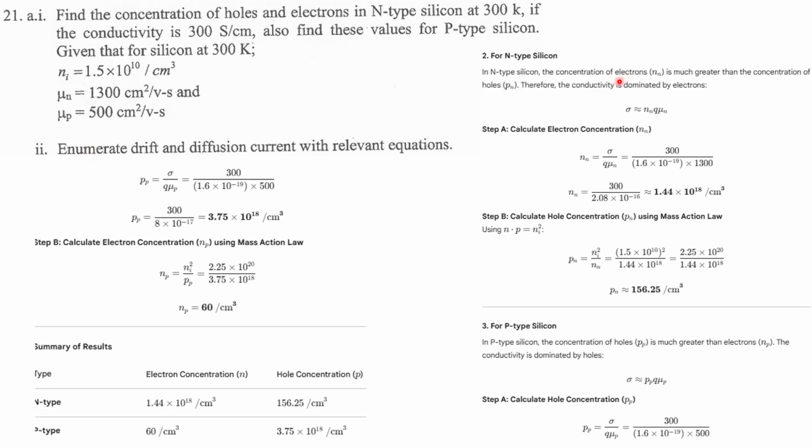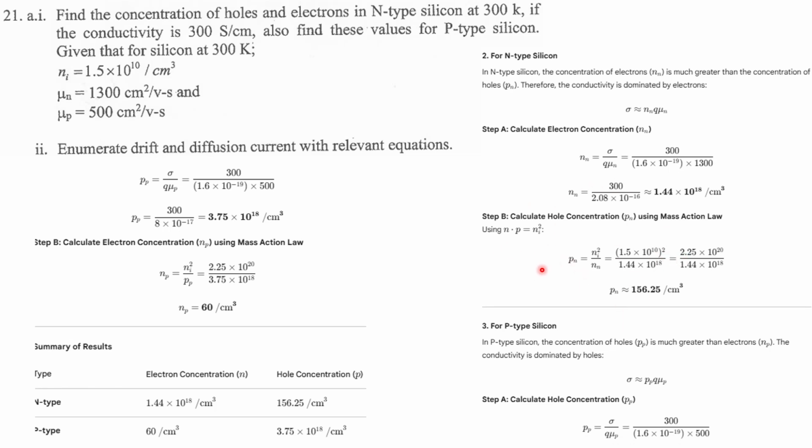Since conductivity you can find using this equation, conductivity is equal to mu N e. Mu is the mobility, N is the number of electrons, and e is the charge of the electron. Use this equation and find the value of N, so you will get the N-type concentration.